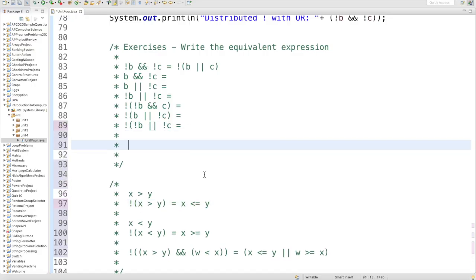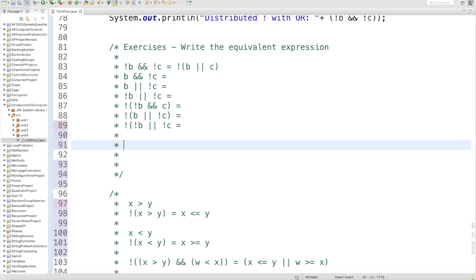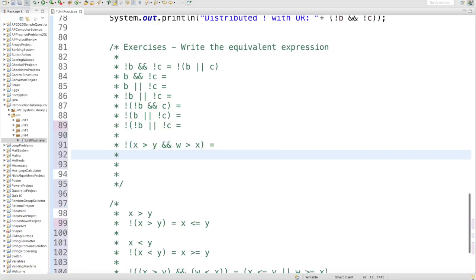So let's say we had not, open parenthesis, X is greater than Y and W is greater than X, and we want to write the equivalent for that. And another one, let's say we had X is less than or equal to Z, or Y is greater than M. Right? Let's write that.